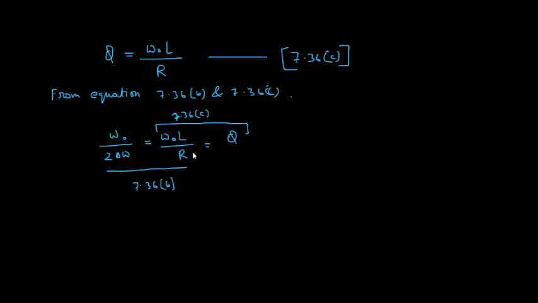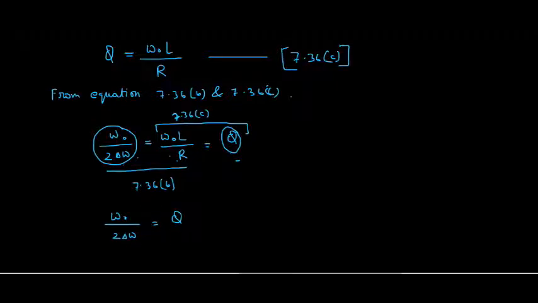From these two equations, if this is equal to this and this is equal to Q, then we can write omega naught upon 2 delta omega is equal to Q. Fine.